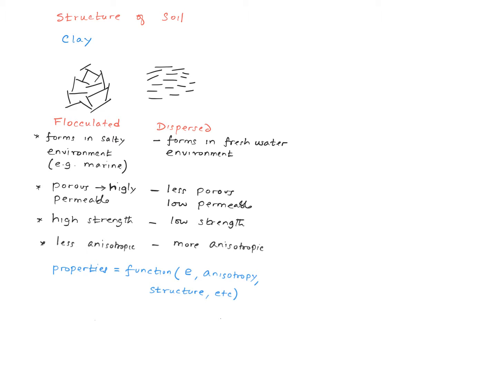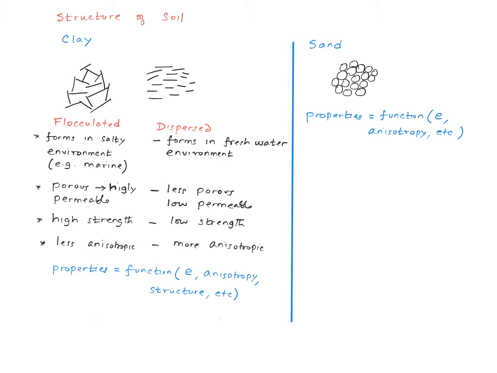So if I were to list the variables that control properties of a clay soil, there would be the void ratio, anisotropy, and structure. So these are the three key parameters, but then of course there are a few others that have smaller influence. For a sandy soil, we know there are no physico-chemical forces between particles, so we don't have anything like a flocculated or dispersed structure.